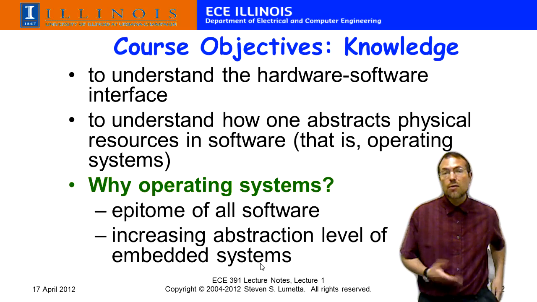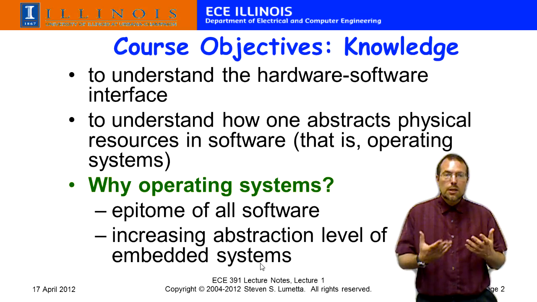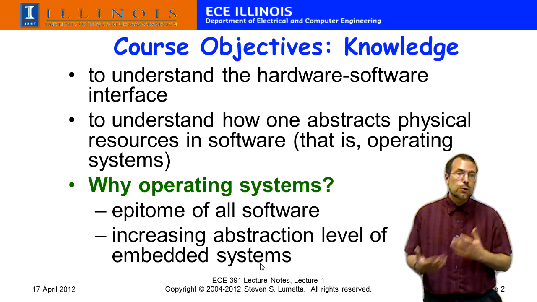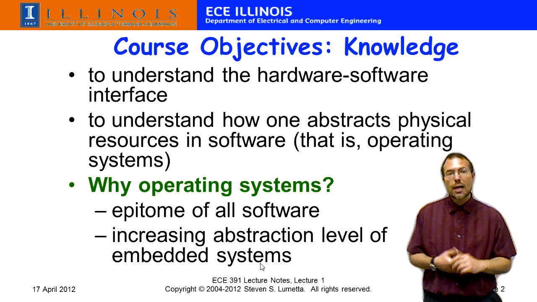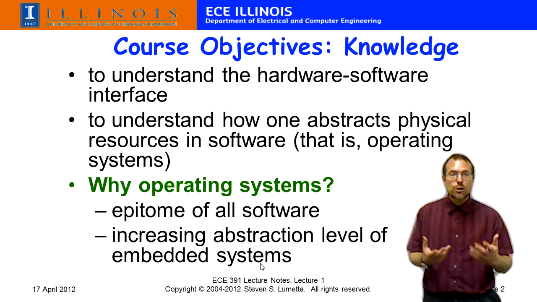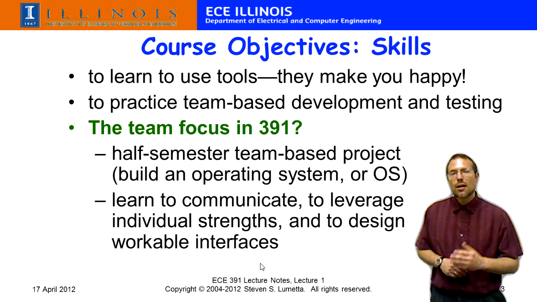In 5 years, all of them probably will be. As we move forward, more and more embedded systems are using operating systems, and for that reason, it's important that everyone who's going to work in electrical and computer engineering actually have some understanding of what the operating system is, what it does, how it controls the interactions between hardware and software. So that's the second goal for the course.